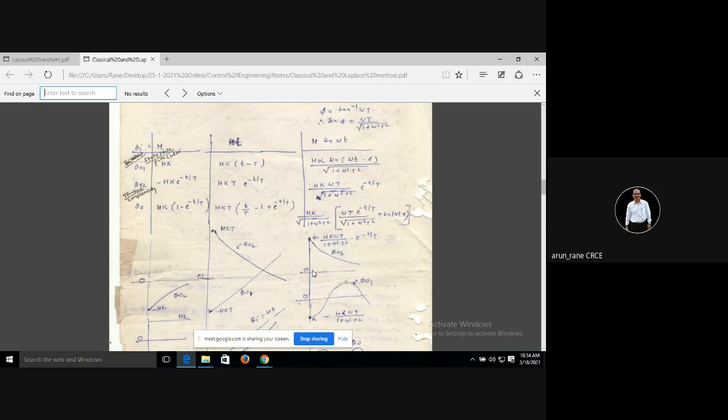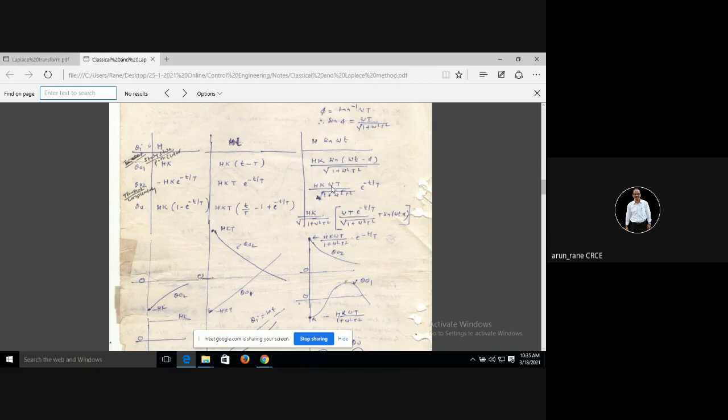Now, when t is equal to 0, you substitute t equal to 0. So here that is 1. If you substitute, what will you get? There is no square root here. E raised to 0 is 1.